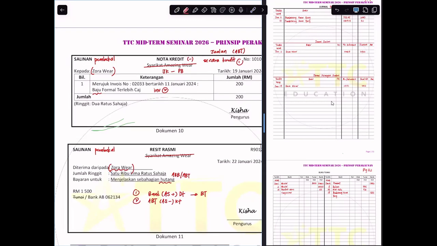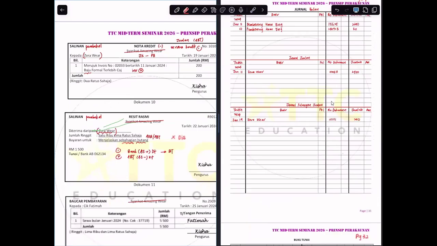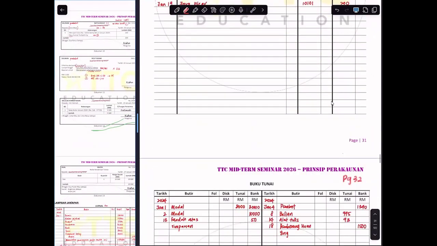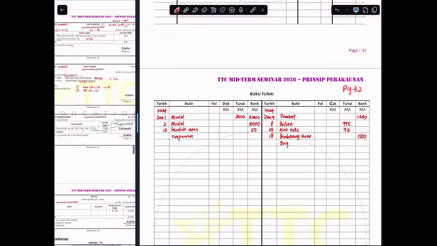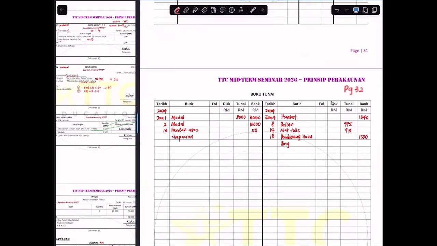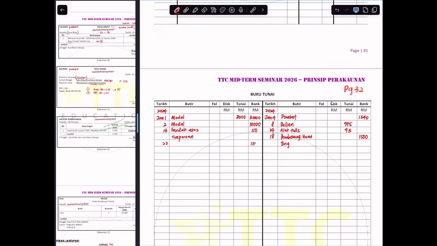And check one more thing. Sebahagian means no discount. Okay, record into buku tunai. On 22nd, debit bank by 1,500, bukti right Zora Way.